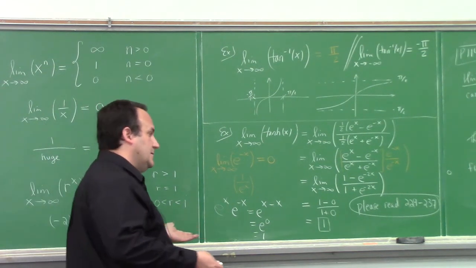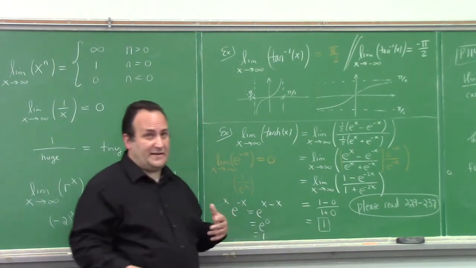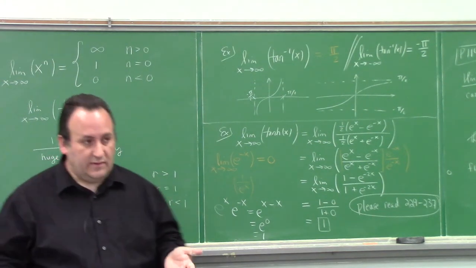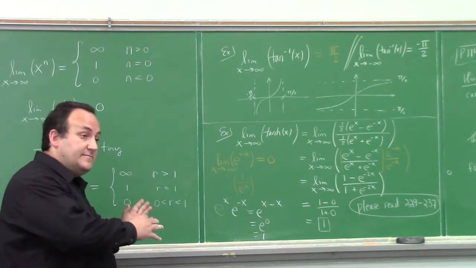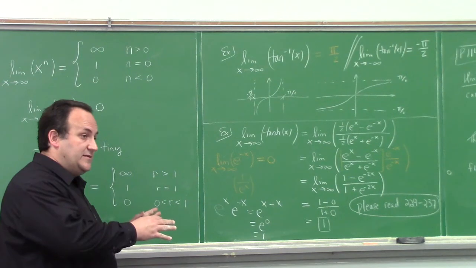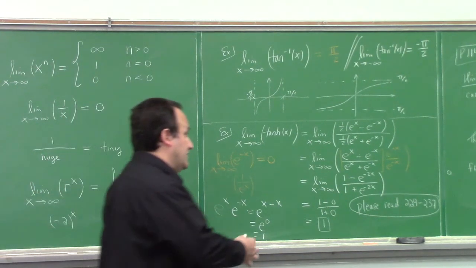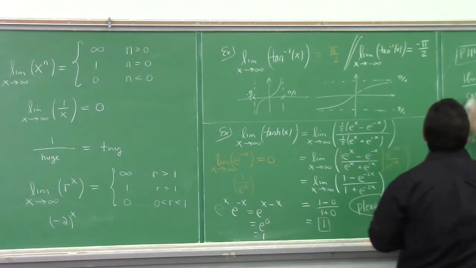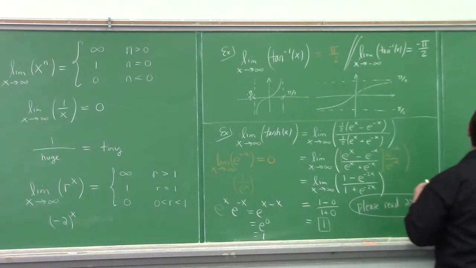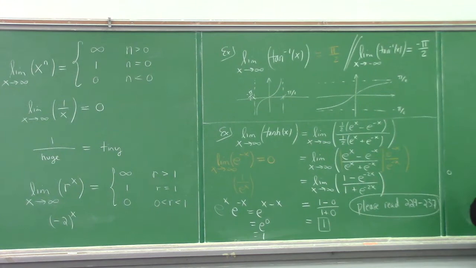But what I'm going to do with the remaining 10 minutes or so here is talk about what comes after that, which is more interesting and a little bit more, well, really quite surprising. And this is what's known as L'Hopital's rule. L'Hopital's rule gives us another tool for unraveling limits of indeterminate form.